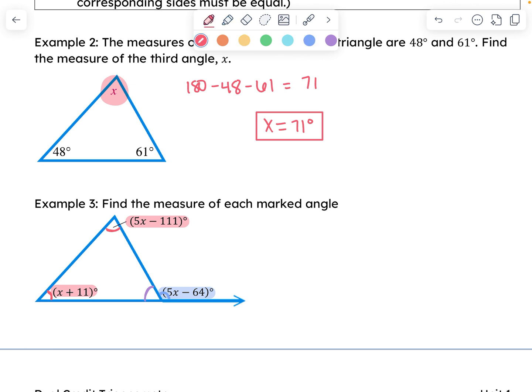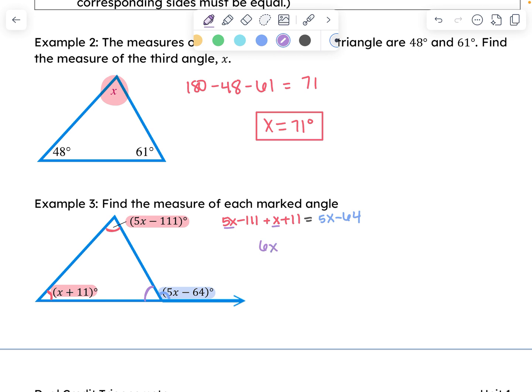So what that means is that 5x minus 111 plus x plus 11 has to equal 5x minus 64. Okay, I can solve this. I can combine like terms over here. So 5x plus x is going to give me 6x.